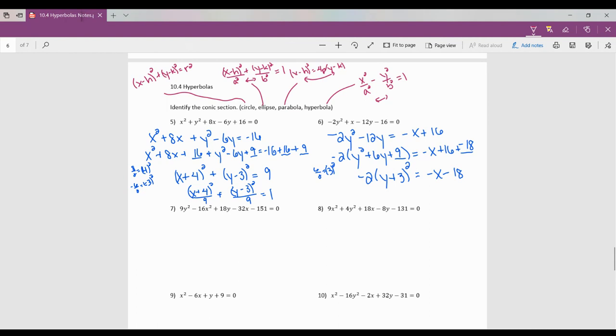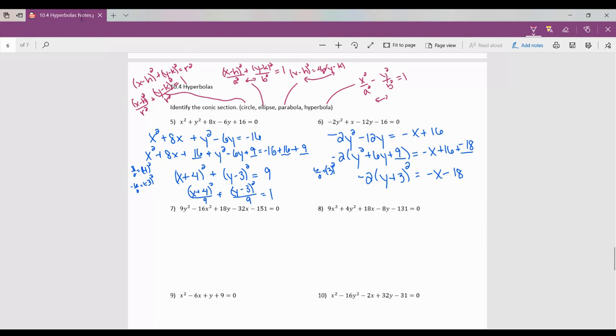But if I divide everything by r squared so it equals 1, it would be x minus h squared over r squared plus y minus k squared over r squared equals 1. So now it kind of looks like our other conic sections that are not parabola.